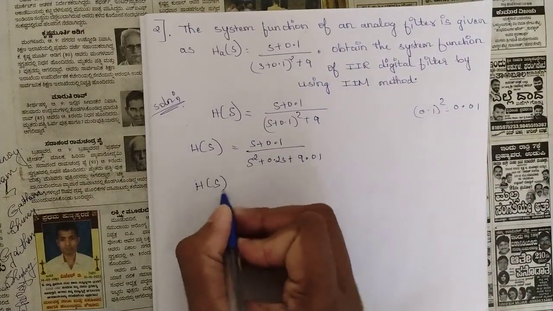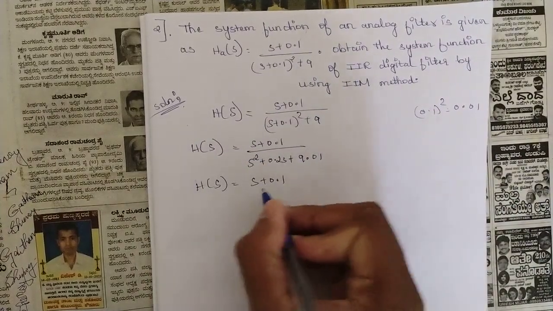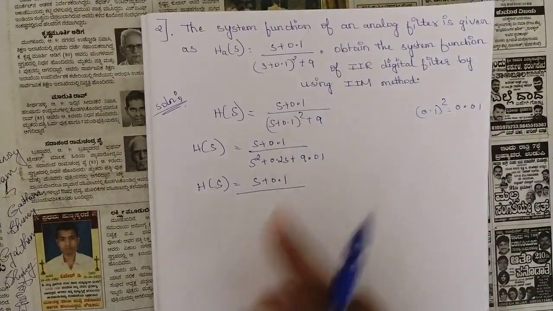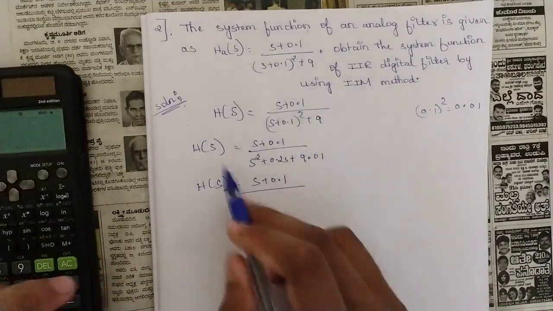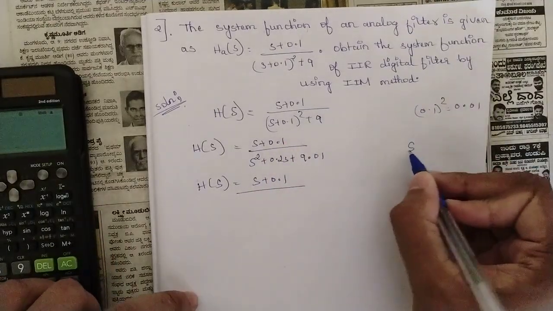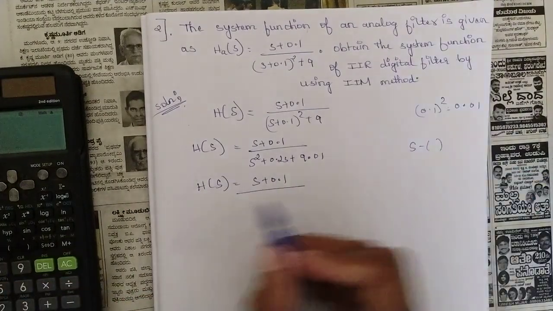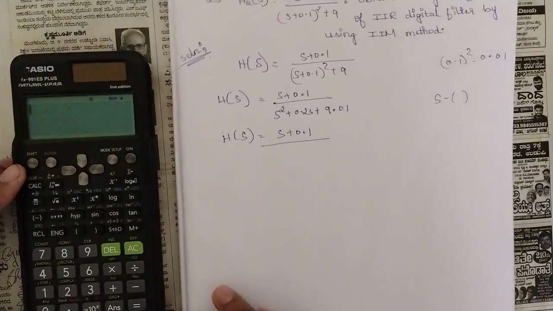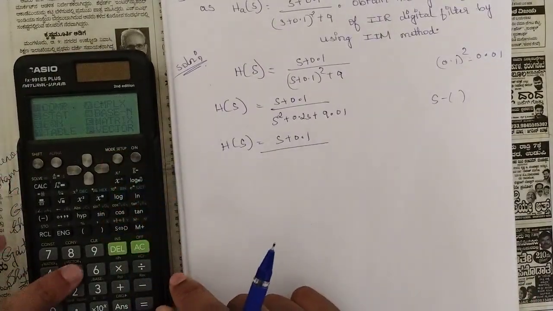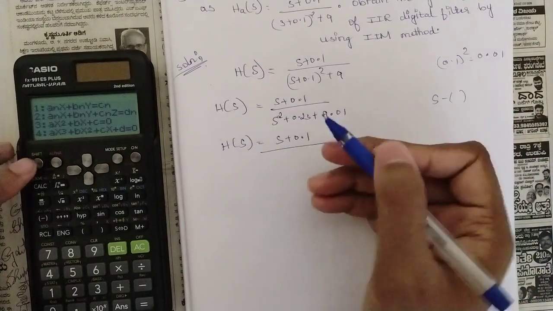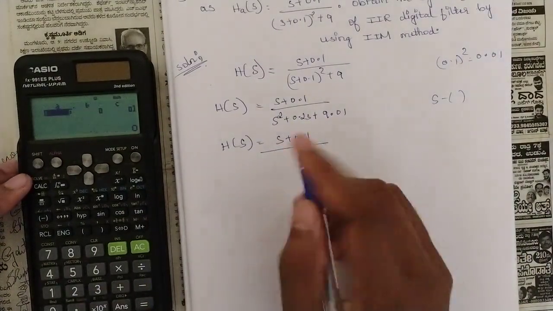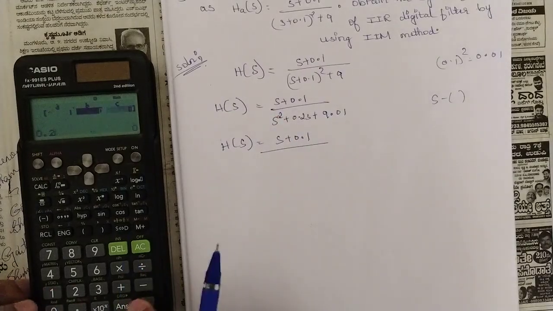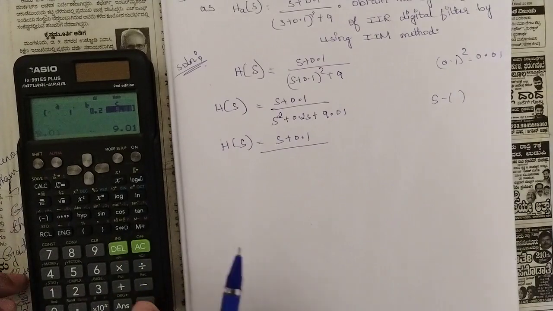Now what I am doing is h of s is equal to s plus 0.1 divided by, this here it is in the quadratic polynomial form, right? So here I am simply in the calculator finding the two roots and writing it as s minus that root, so that we will be getting it in the partial fraction form and we can solve it further. For that, mode setup, equation, check the degree, highest degree is 2 here, so press 3, then substitute the coefficients, that is here s square coefficient is 1, then we have 0.2, then we have 9.01.